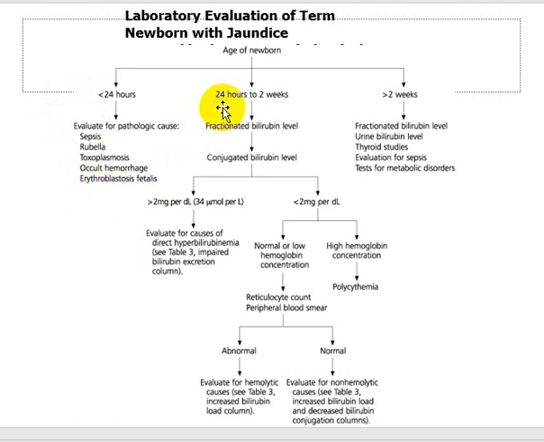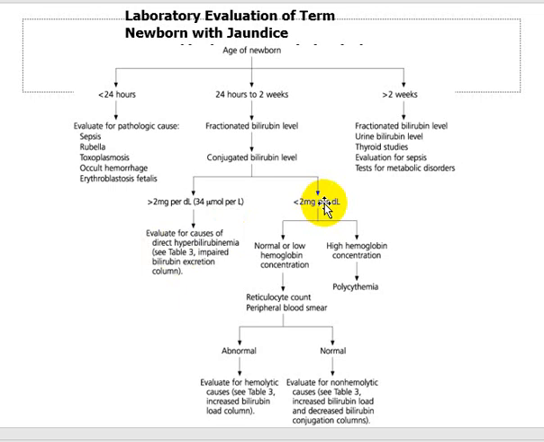If it occurs after the first day to 2 weeks, we need to do fractionation of bilirubin. It means direct and indirect. If the direct bilirubin is raised, we evaluate for causes of defect in the bilirubin metabolism. This is not our subject.